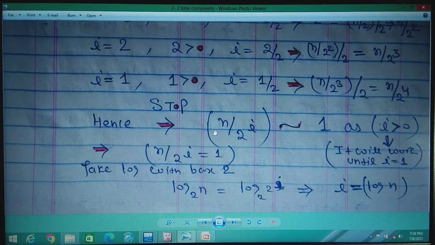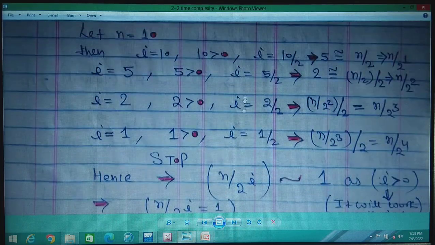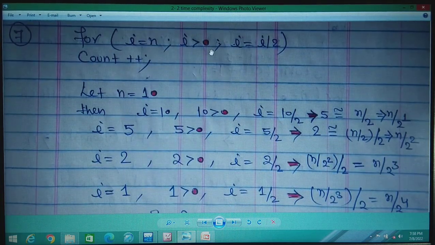Hence, the final result is n upon 2 ki power I, same. And it is converging to 1. Why? This is the condition, because I is greater than 0. Whenever this is 1, it is greater than 0, and after 1, sorry, the nearest value is 0. Whenever there is 0, then it will not work.